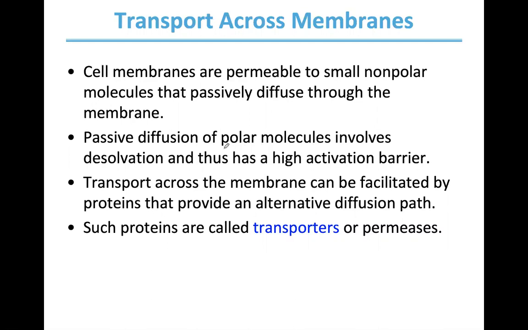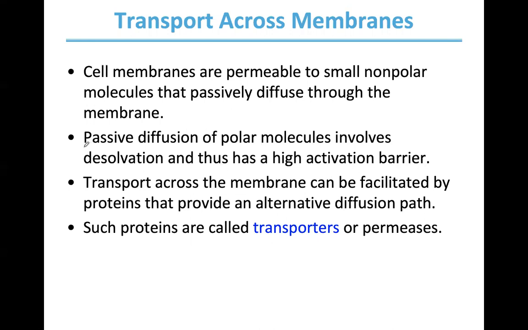And so it will never be able to cross the cell membrane because of all the water attached to it. For it to cross the cell membrane, it has to shake off all these water molecules, and only then it can cross and regain the hydration sphere on the other side. Because of that, it has a very high activation barrier.